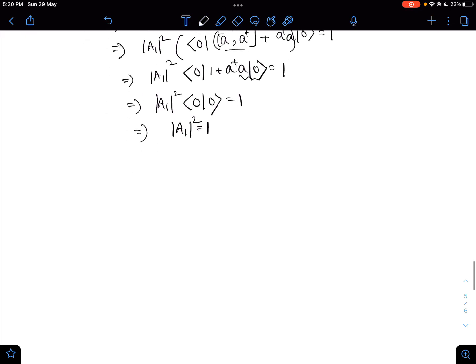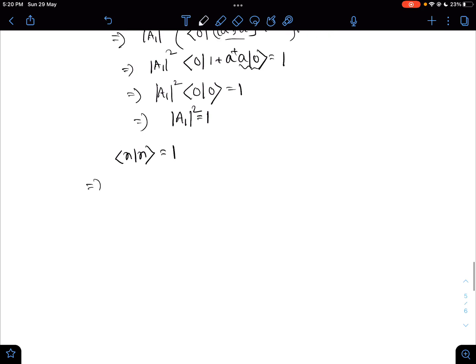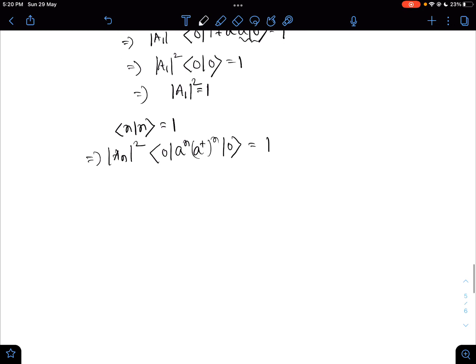Now let us calculate this for the n-th state, any general state n. For any general state n, if it has to be normalized, we have to have this. So let us calculate the value. We have a_n squared here, and we have <0|A^n (A dagger)^n|0>.